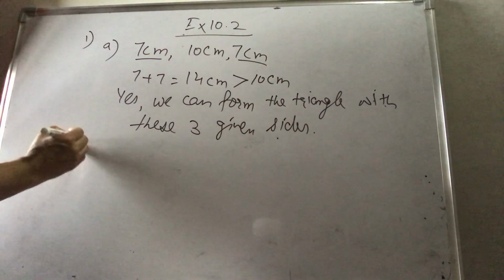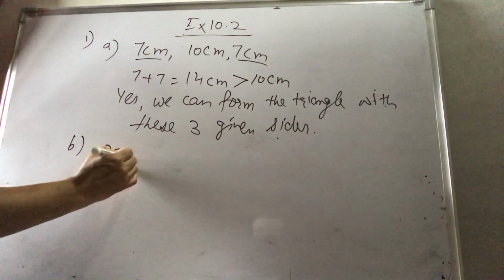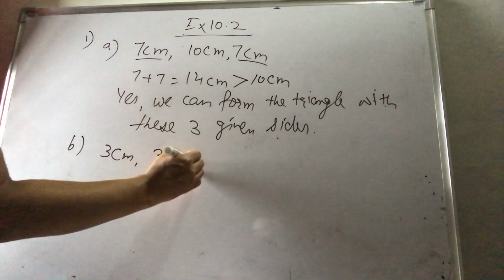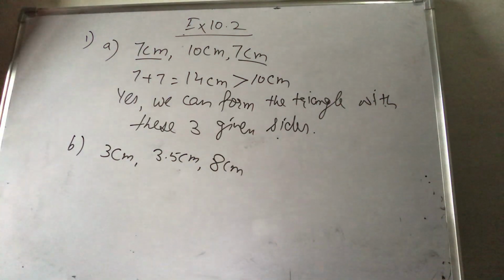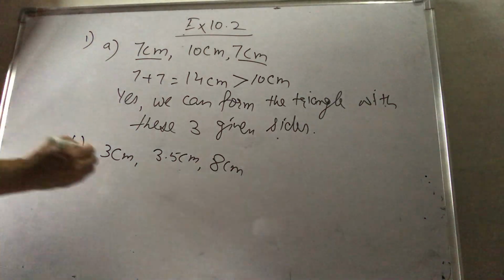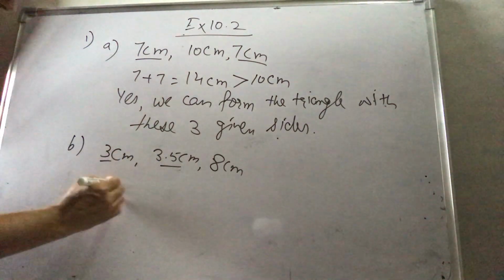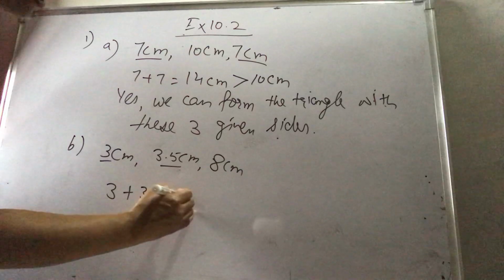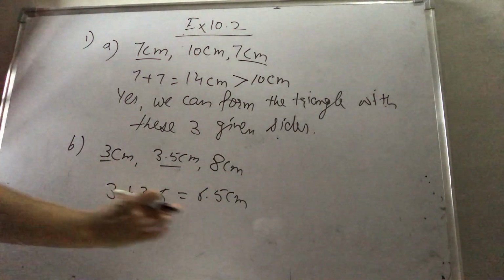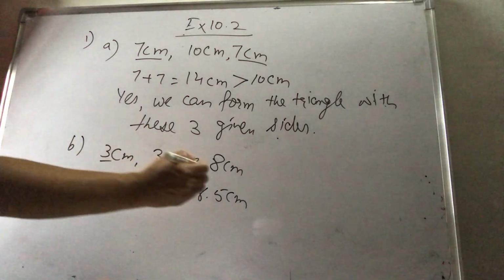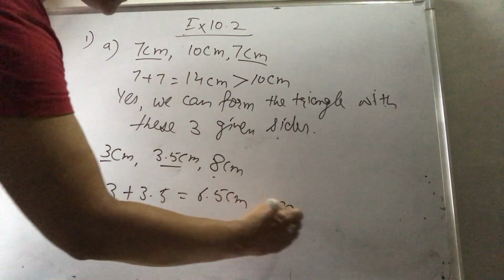In the B part, we are given 3 centimeter, 3.5 centimeter and 8 centimeter. As the sum of two smaller sides, we will add 3 and 3.5. 3 plus 3.5 is 6.5 centimeter. The addition of two smaller sides is less than the third side.